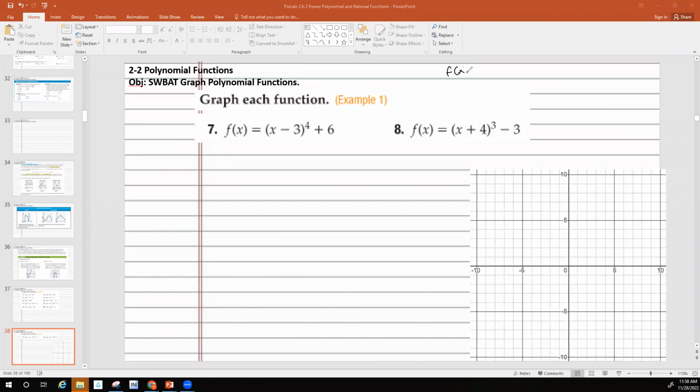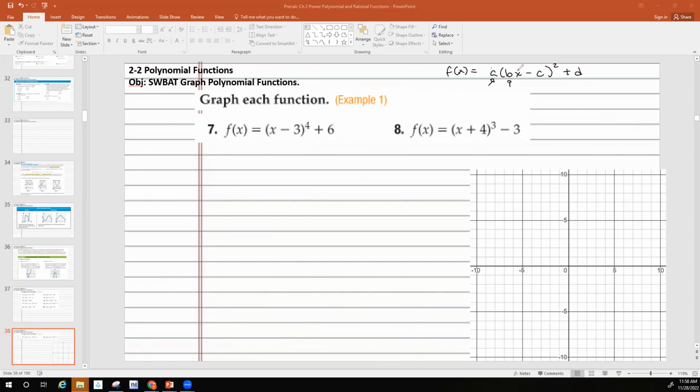This does follow the form f of x equals a times (bx minus c), and then some exponent. I'm just going to make it a quadratic, squared, plus d. So this a is going to be a vertical stretch or shrink.